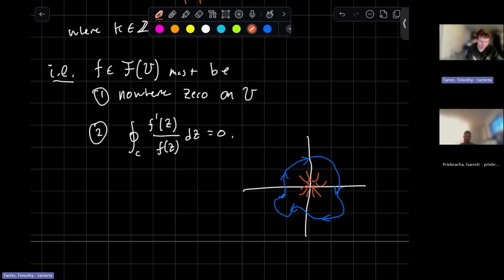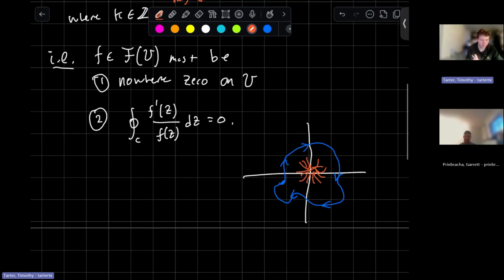And so naturally, integrating around this closed contour, if there were a pole in this function, the integral would be equal to 2 pi I times the sum of the residue of f prime of z over f of z at the pole.